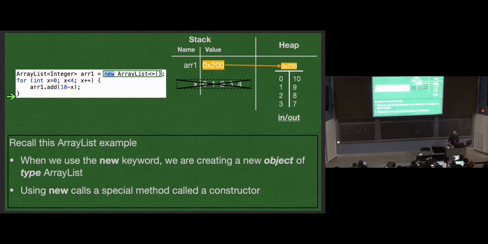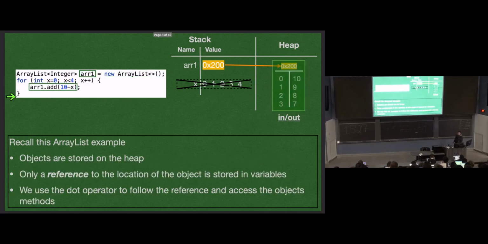And to do that, we were calling the constructor of the class defining that object. So here we created a new ArrayList. We called a method named ArrayList, and that created an object on the heap of type ArrayList, and then returned a reference to that new ArrayList that we created.